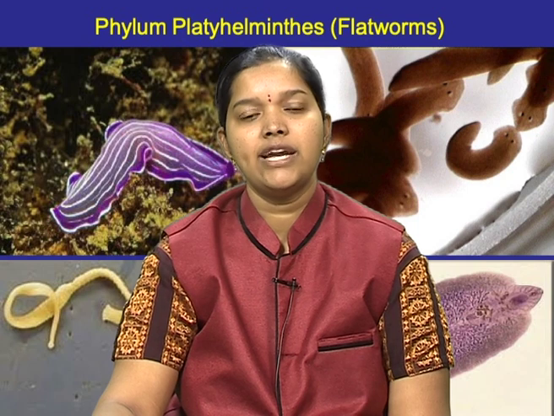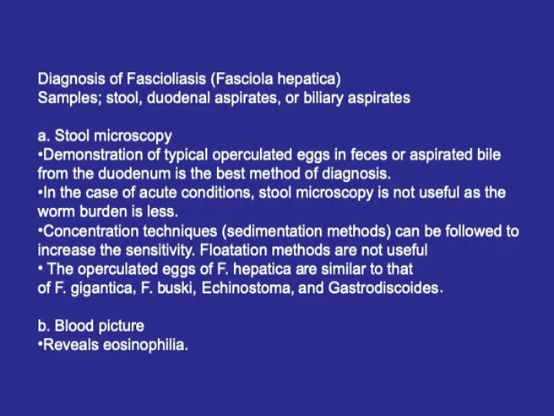Ectopic means other than the original position. So, the site of infection is the liver or bile duct, but ectopic presence like brain, eyes, and skin is also seen. So, how can we diagnose this disease?